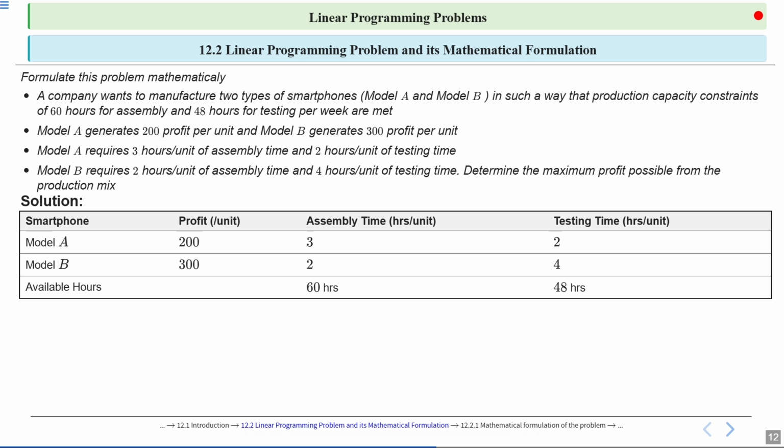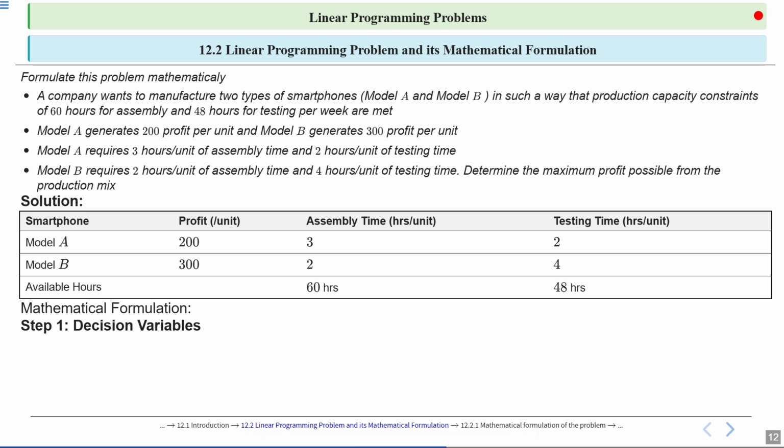Model B makes profit 300 per unit and takes 2 hours assembly time and 4 hours testing time. The available hours are 60 hours for assembly time and 48 hours for testing time. So now we will look at the mathematical formulation.